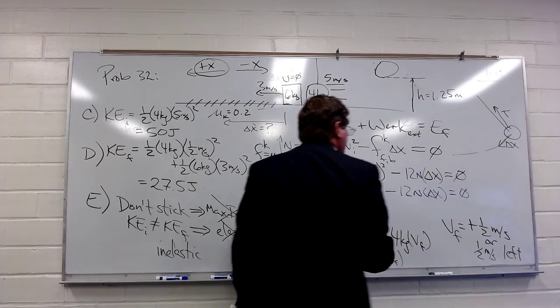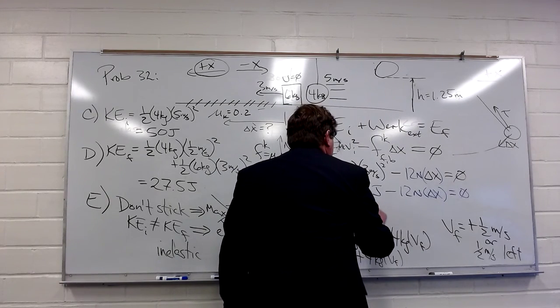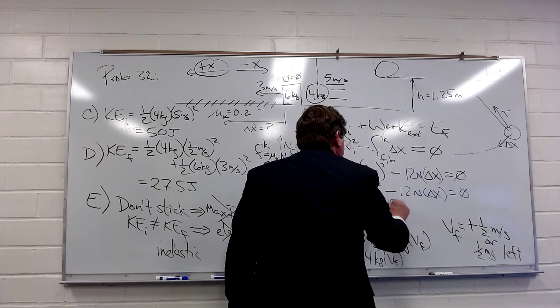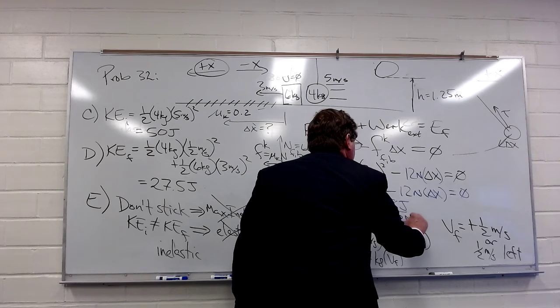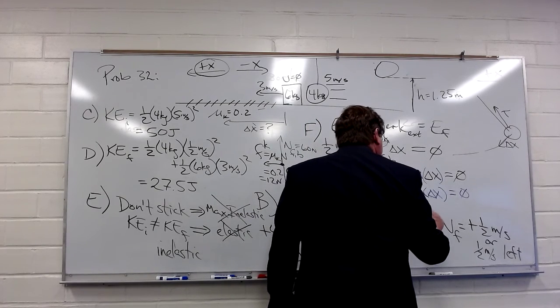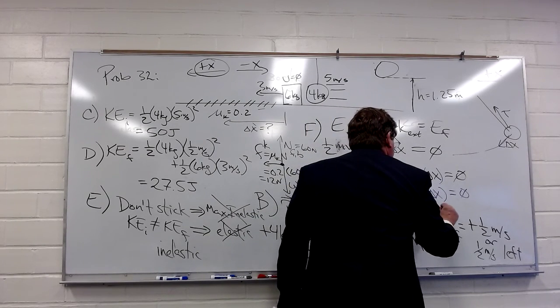If I bring that over to the other side, it becomes positive, and we get delta x is equal to 18 joules divided by 12 newtons, and that's going to be 1.5 meters.